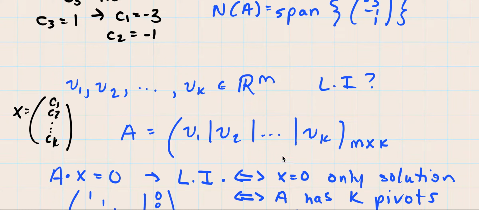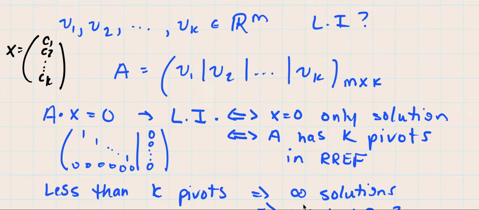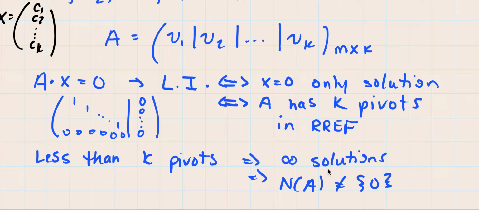And they all have to be equal to 0, so you would have to have k pivots. So A has k pivots in reduced row echelon form. If you have less than k pivots, then you have infinitely many solutions, which is the same thing as saying the null space is not equal to just the 0 vector. If you have k pivots, then the null space is the 0 vector.